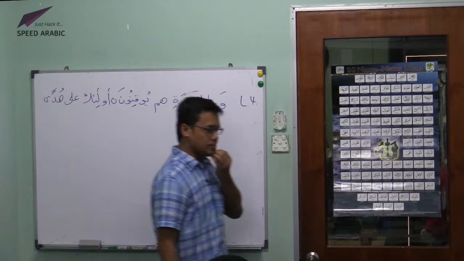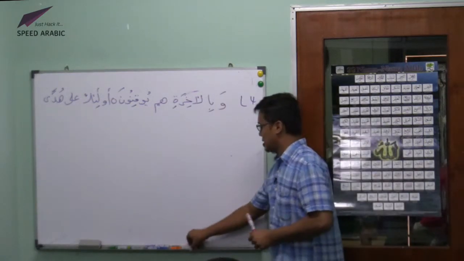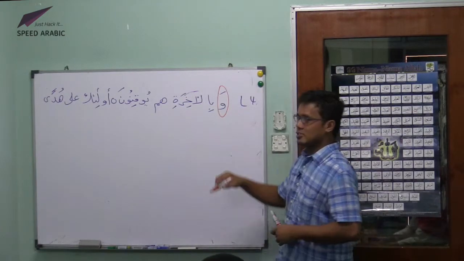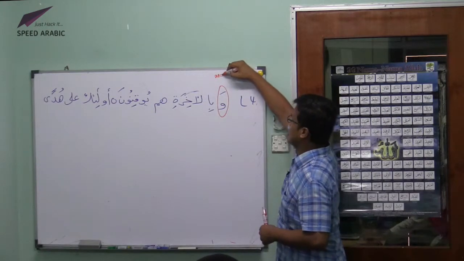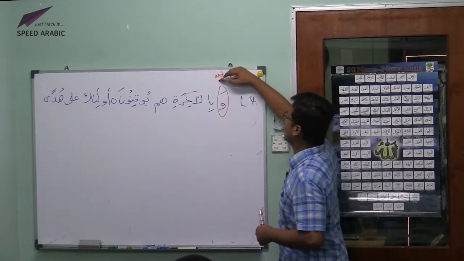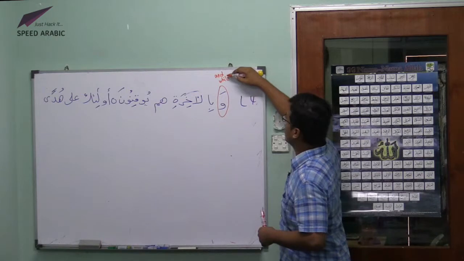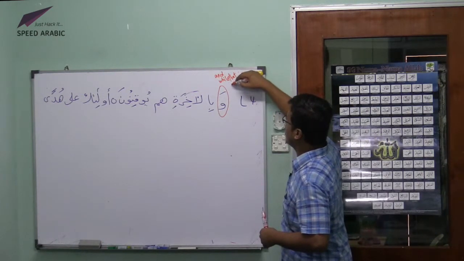Okay. We'll go through the process of hacking. Start. Wa is a seed. What's the meaning? And how many meanings can it have? Three. And, while, or but, or by.